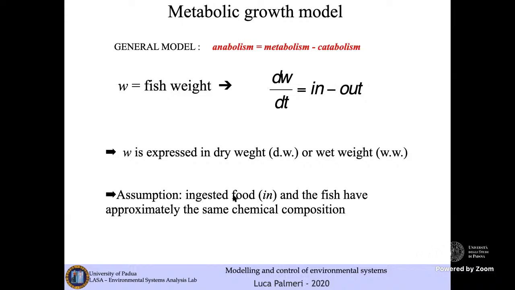As you may feel, this assumption is very strong, but in reality it is not so strong, because by now we know that all biomolecules or biomass in general have more or less the same composition. We have a series of stoichiometric coefficients that are constant for all the biomolecules that make up the biomass in the biosphere, so in the living sphere, in the sphere of living things.